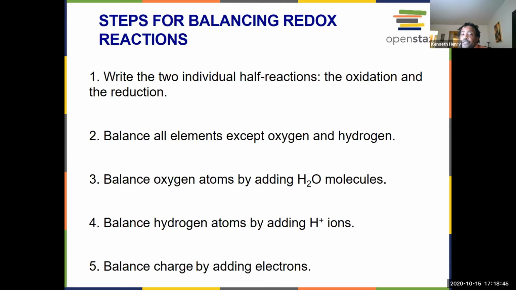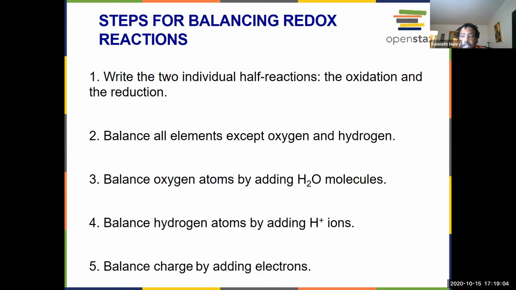Then you're going to balance the oxygen atoms by adding water. Then you're going to balance the hydrogen atoms by adding H+. And then the last thing you're going to do is balance your charges by adding electrons.